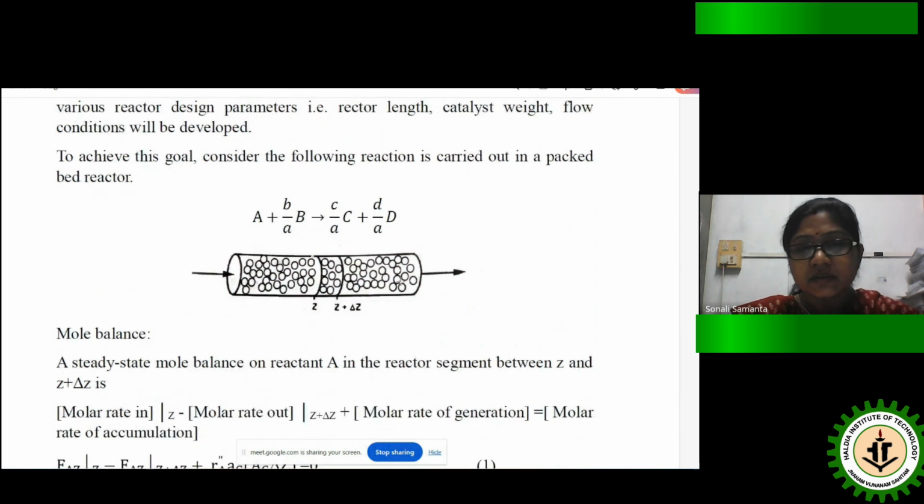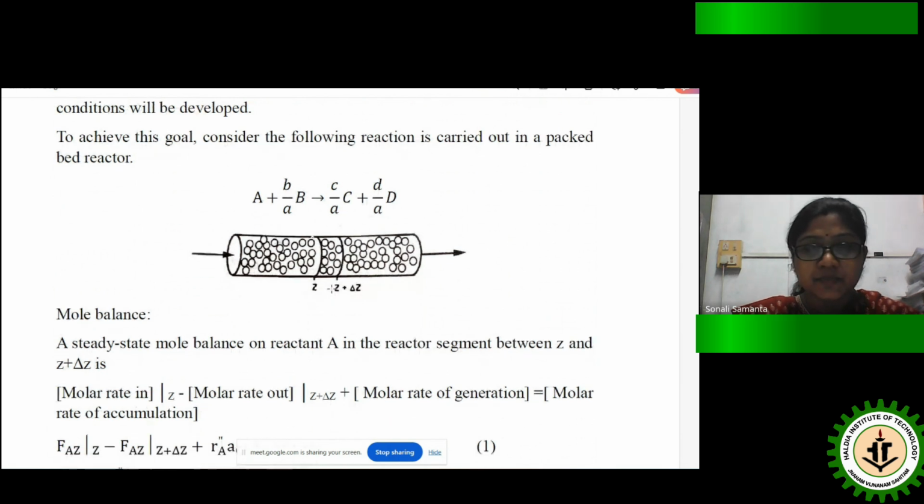Here you can see the packed bed is given with multiple particles, and to develop the concentration profile we have to consider a fundamental volume. Here delta Z is the segmental height where we do the mole balance, in that segmental volume.